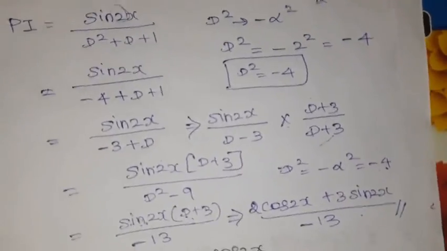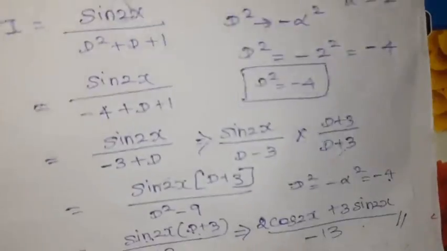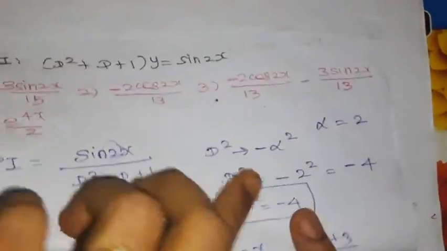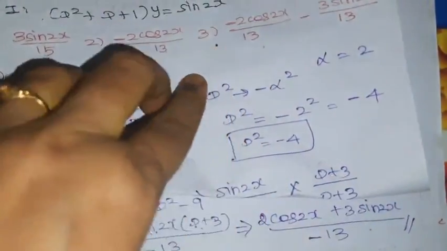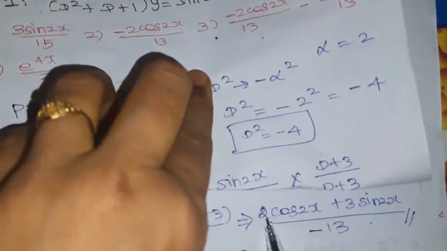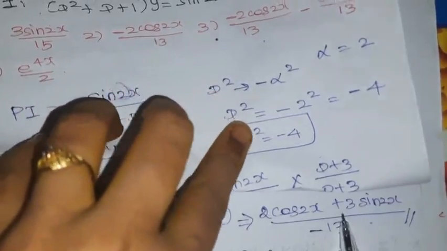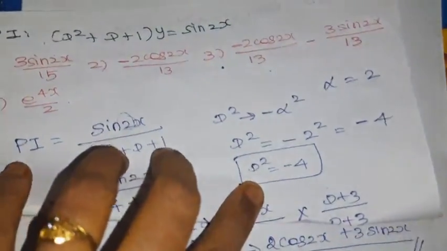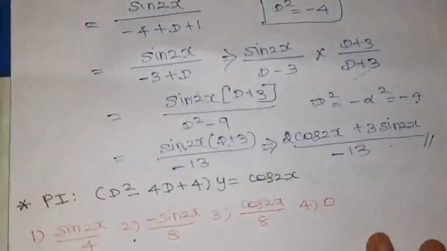So, here they are separating this. Are you able to correlate? Minus 2 here, divided by 13, they are separate: minus 2 cos 2x by 13, again minus 3 sin 2x by 13, okay? So, option 3 is the right option.